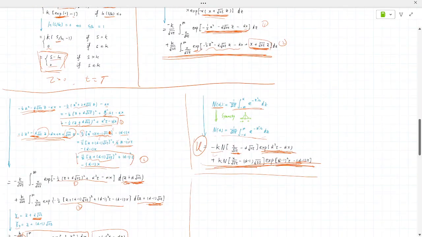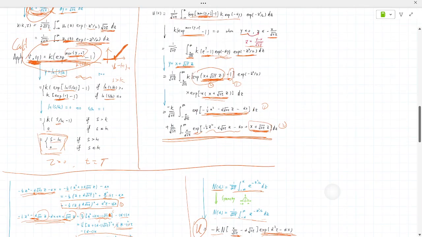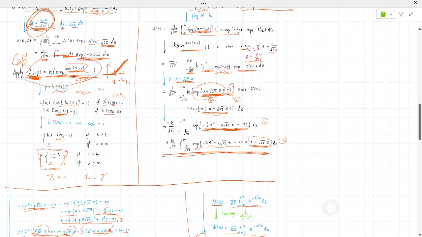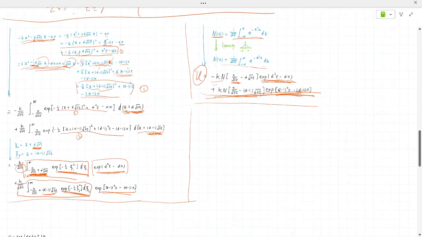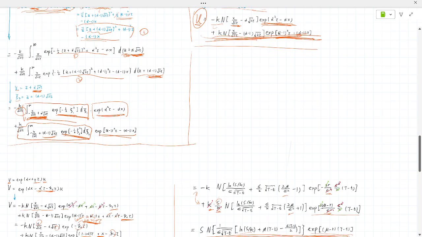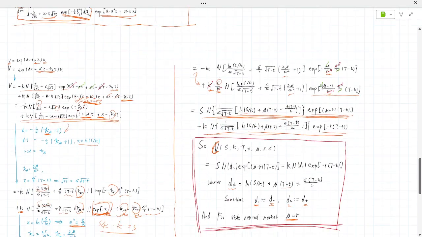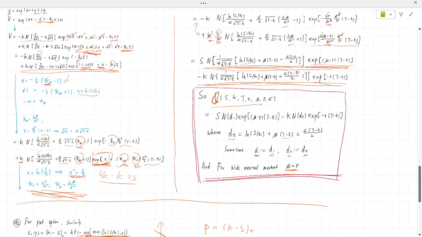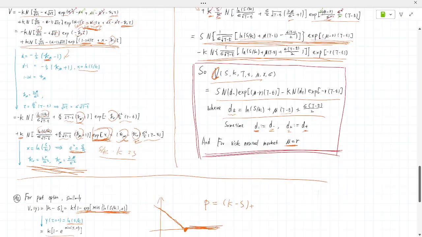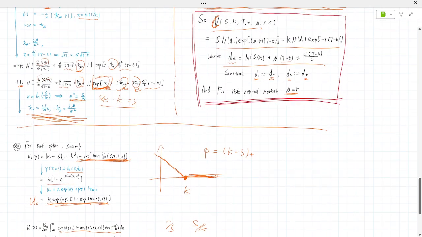and plug everything in, solve to get expression of u, and then we transform everything back to v, and solve everything, and then this is solution to u, and then we transform back to v, left with this. We got the call option, we got nice formula. For risk neutral, this go to 1.